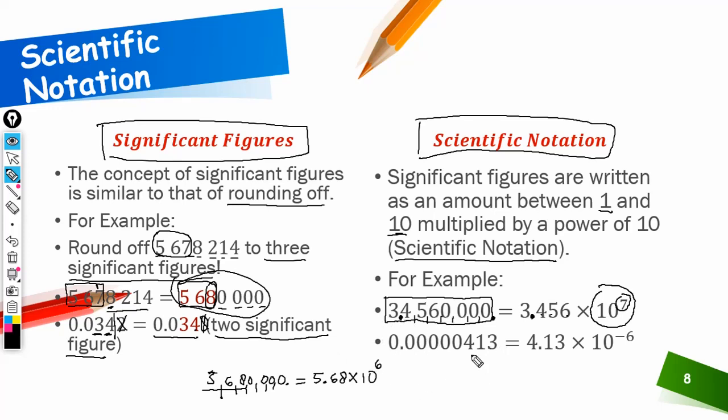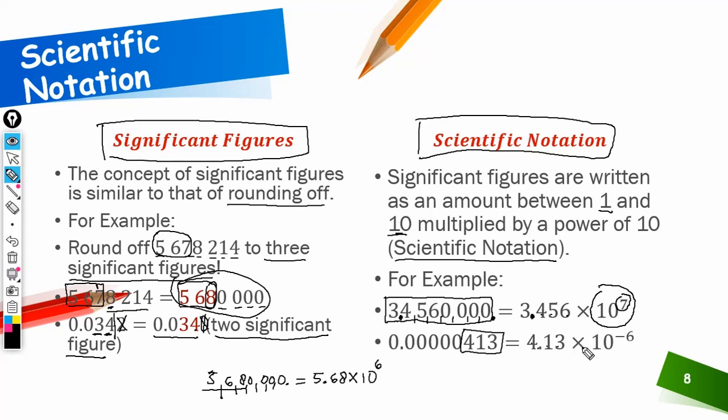The same thing happened to a smaller or decimal number. Let's say 0.00000413. So you want to write the scientific notation of this, you can write 4.13. So you just write the significant figure here. There are 3.